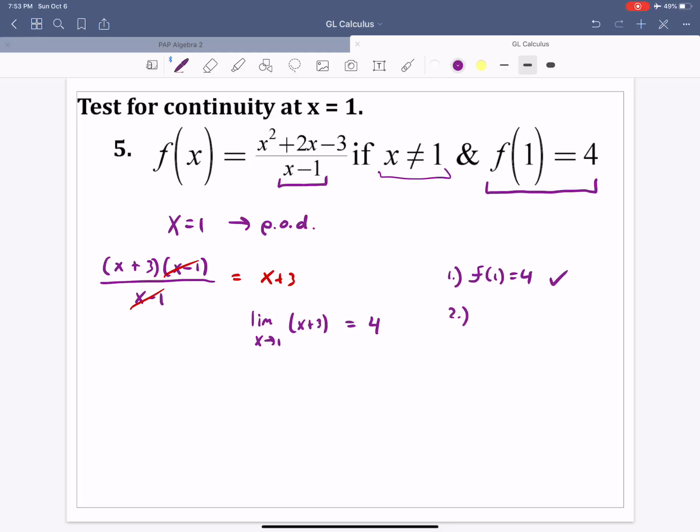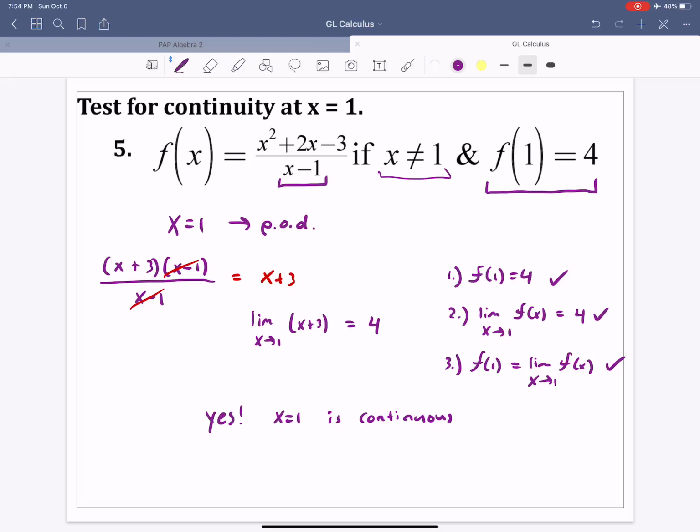That's a check. We have the limit as x approaches 1 of f of x is also defined. It equals 4. And then third, we see that the function value and the limit value both are the same. So we actually pass all three points of the continuity test. So we would say that yes, x equals 1 is continuous.